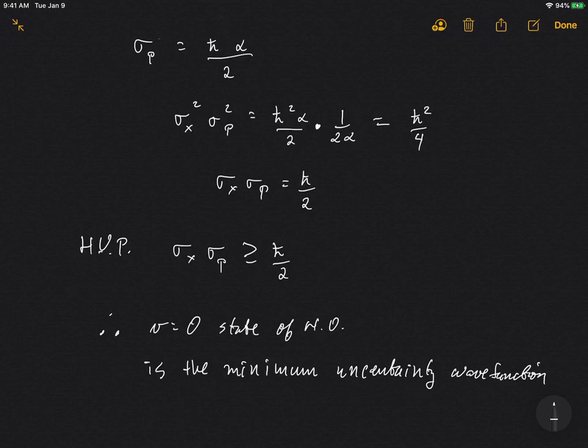We'll see for the hydrogen atom and other systems that the uncertainty is also greater than h bar over 2. So any other system is going to give you more uncertainty. It's nice that we identified the lower bound in the uncertainty.